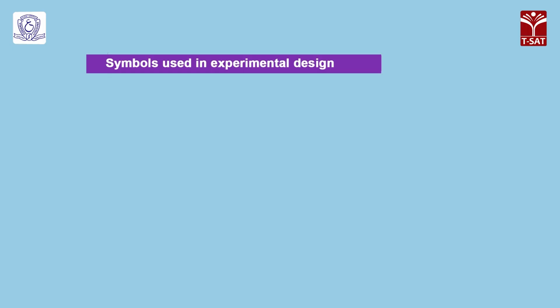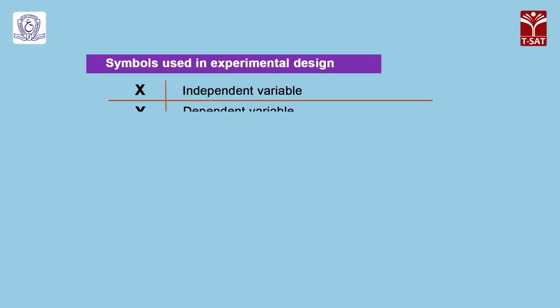And the first one is X, which represents the independent variable which is manipulated by the researcher. It is also referred to as the experimental variable or the treatment variable. Y represents the measure of the dependent variable.